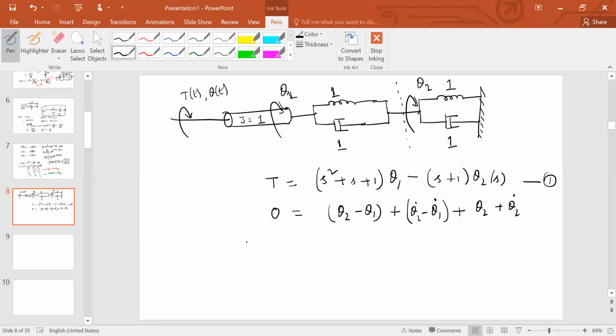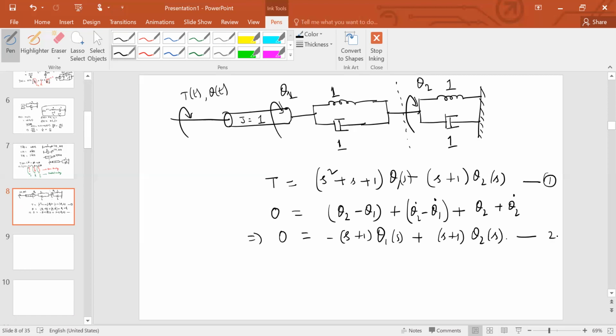So this in the transform domain I shall write as 0 is equal to s plus 1 times, with a minus sign, theta 1 of s, plus 2 times s plus 1 theta 2 of s.